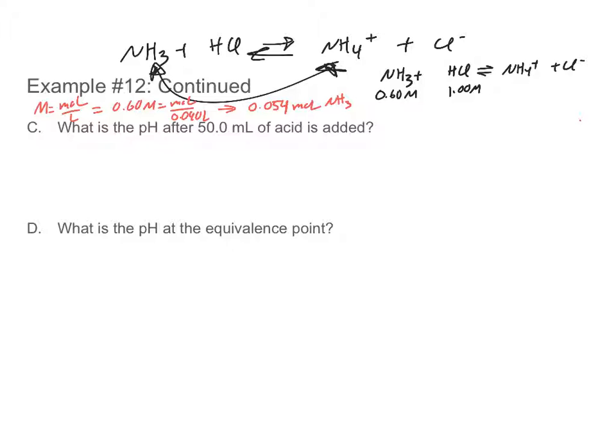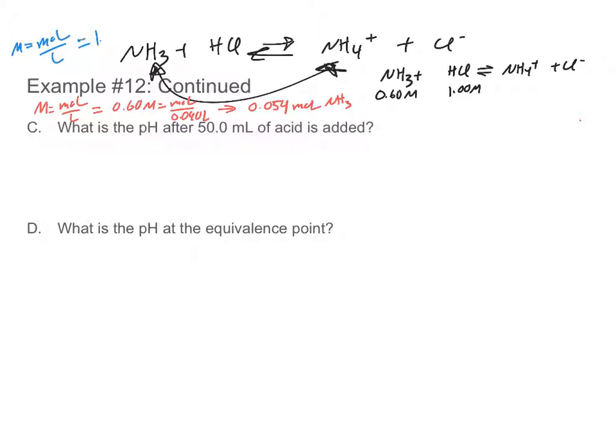And in this problem, we knew essentially that the amount of acid that we were using was 50 milliliters. So I'm going to do that calculation over here. Molarity is equal to moles per liter.